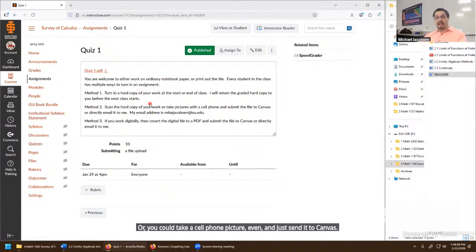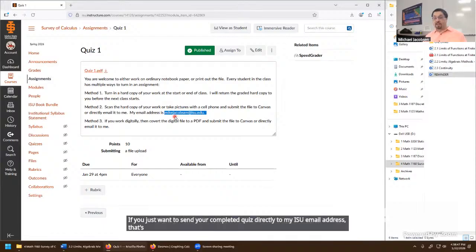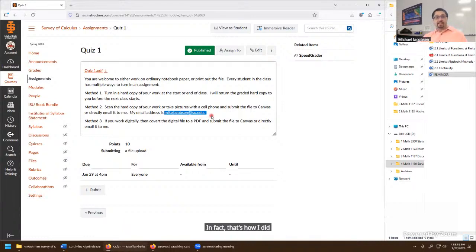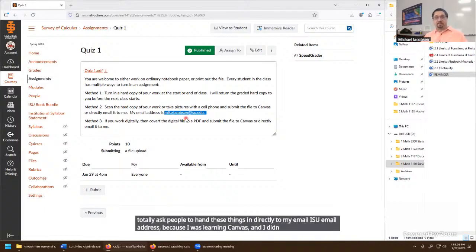And I'm not really picky on how I get them. If you just want to send your complete quiz directly to my ISU email address, that's a fine way to do it as well. In fact, that's how I did it completely last semester, as I just asked people to hand these in directly to my ISU email address because I was learning Canvas and I didn't want to deal with extra things going on, problems that might occur.